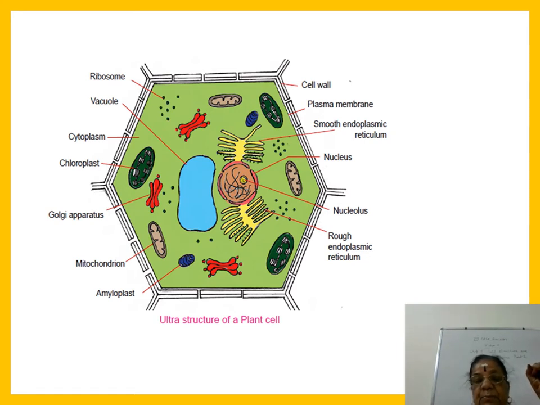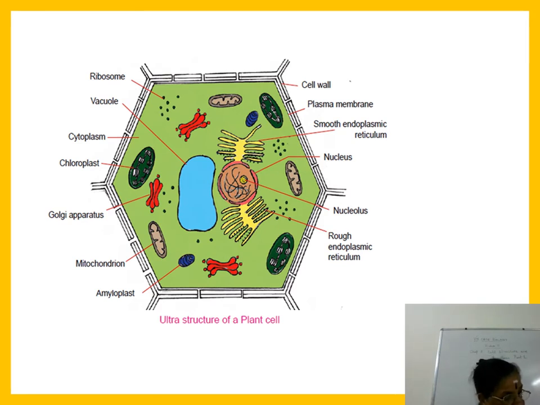It may be prokaryote or eukaryote, and it may be unicellular or multicellular. Then the ultrastructure will have protoplasm, which in turn is formed of nucleus and cytoplasm. It was the scientist Purkinje who coined the term protoplasm. Otherwise, we say protoplasm is the physical basis of life.